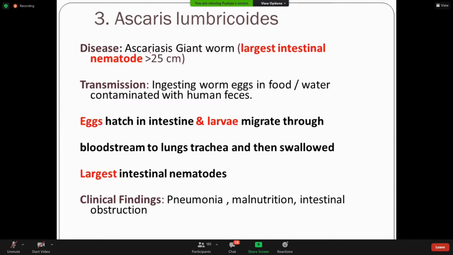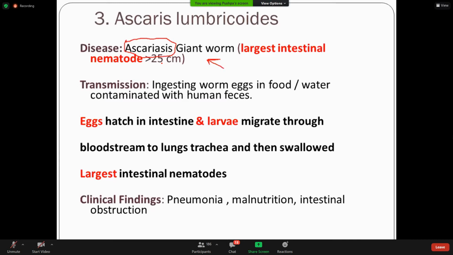Ascaris lumbricoides, the disease it causes is known as ascariasis, and in common English we call it a giant worm. It is also the largest intestinal nematode, and can reach up to 25 centimeters. 25 centimeters is like 1 inch short of 1 foot.